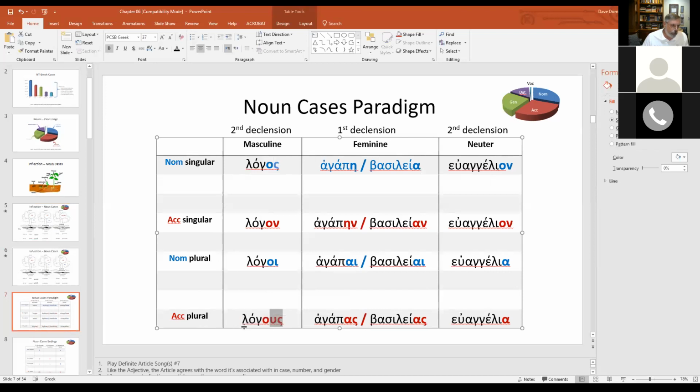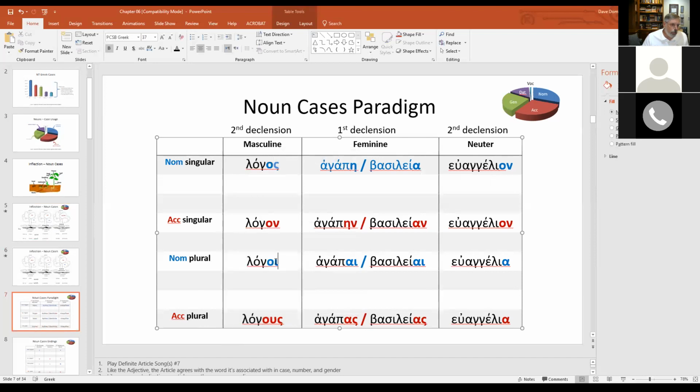So this pattern right here is the exact same word in the singular and in the plural. It's logos, logon, logoi, logous. Here it means word, singular, and here it means words, plural.